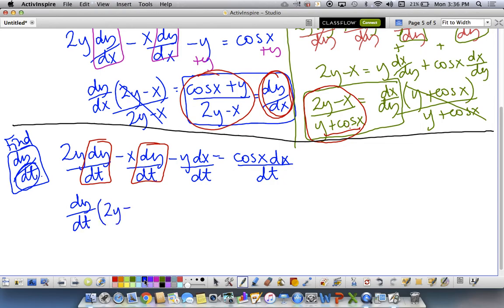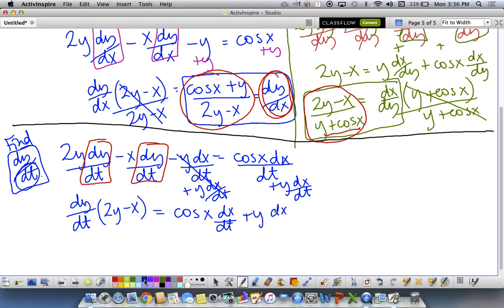I have a 2y minus x, and I need to add this y dx/dt to both sides. So those cancel, and we are left with equals cosine x dx/dt plus y dx/dt. Then do we need to divide? I mean, we really could factor that dx/dt so it's just together, which I like.